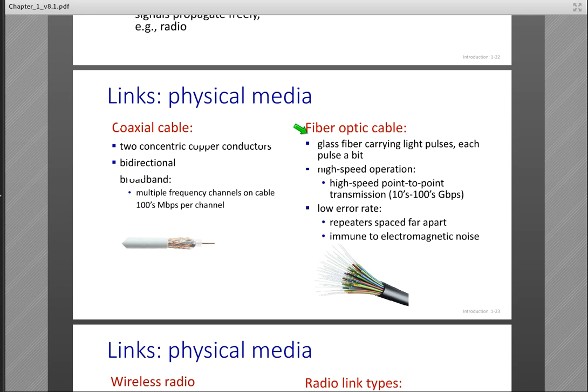Okay. The third media is optical fiber. Optical fiber is created from silica. You can see silica in the glass on windows.